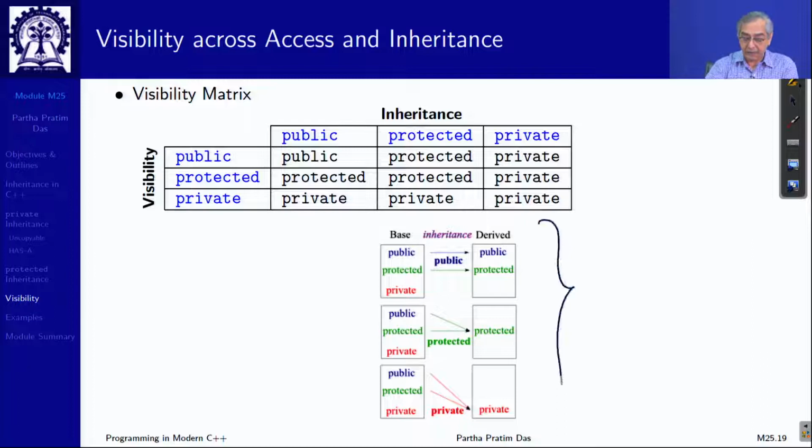You will find this in many C++ books. In early days, say 20 years back or so, people used to spend a lot of time discussing this visibility restriction under inheritance, but I would not do that, because time has shown that these hardly have any use in C++.